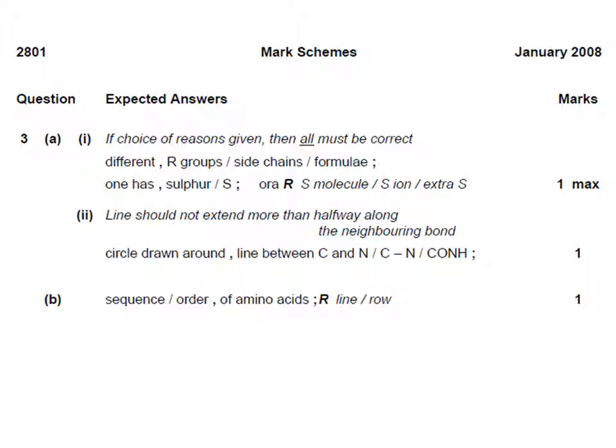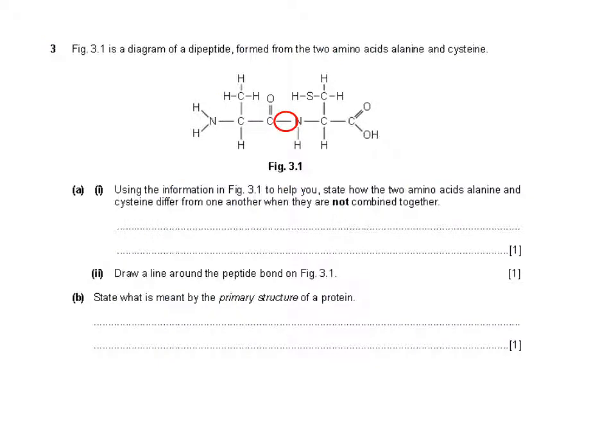So you don't actually go over other bonds as well as the one you want. I've highlighted it here on this diagram, and if you'd drawn it like that, it would be fine, but if you ended up going over any of the other bonds nearby, it could count against you, so you need to make sure that you're fairly accurate.